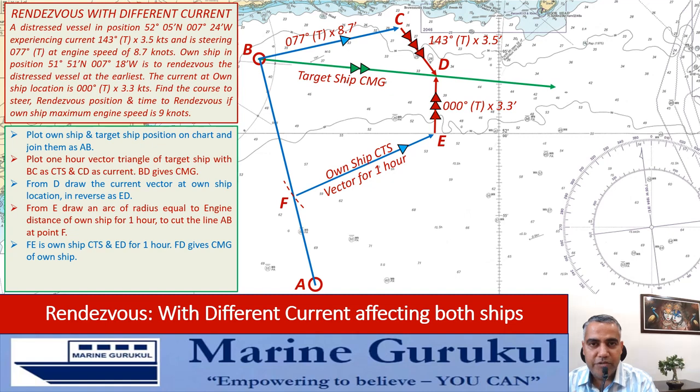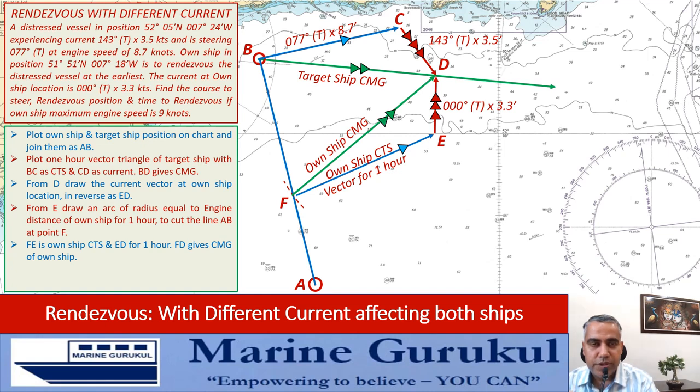Now joining F, Foxtrot, with Delta, D, gives us the course to be made good by own ship. You can see the Foxtrot Delta vector coming up on the screen. This is the own ship course to be made good. We represent it with double arrows.